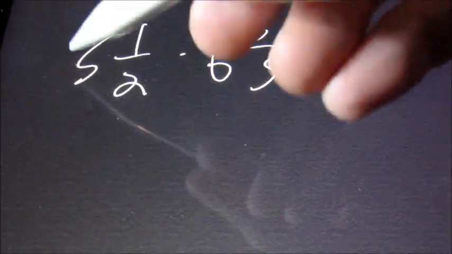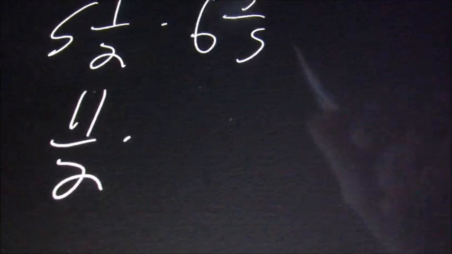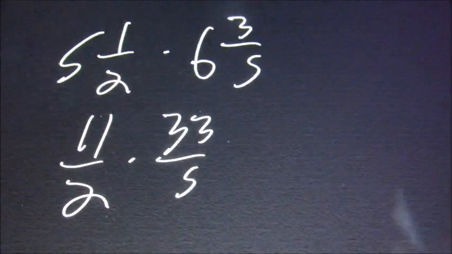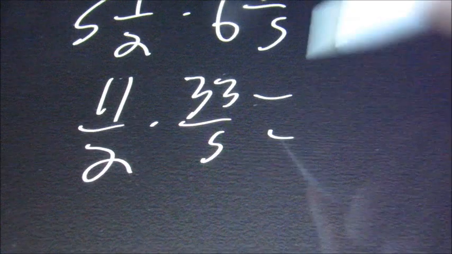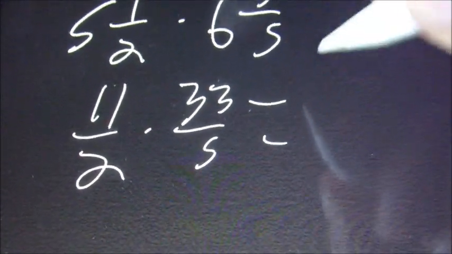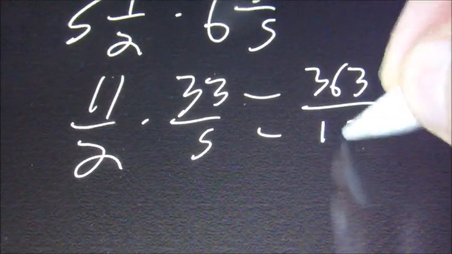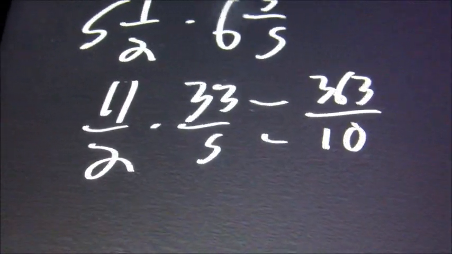So 2 times 5 is 10, plus 1 is 11 over 2, times 6 times 5 is 30, plus 3 is 33 over 5. When we do this, 11 times 33 is 363. 2 times 5 is 10. We couldn't simplify anything, so we didn't.